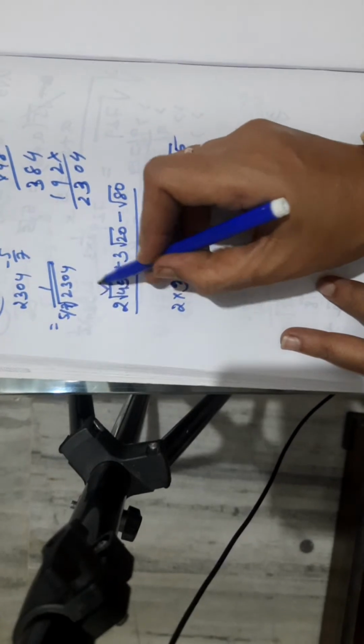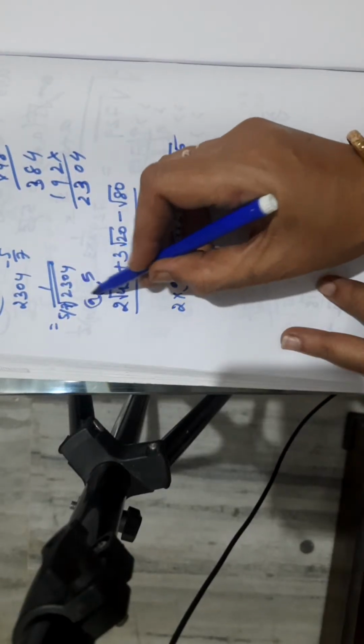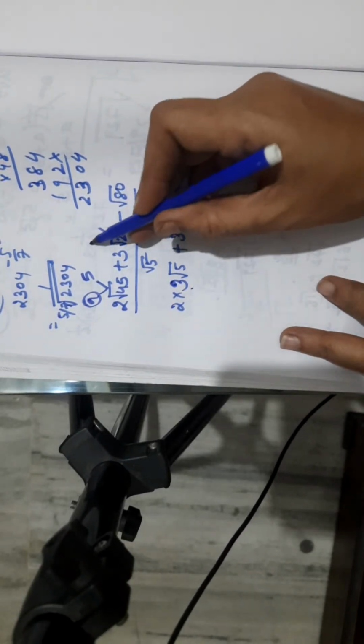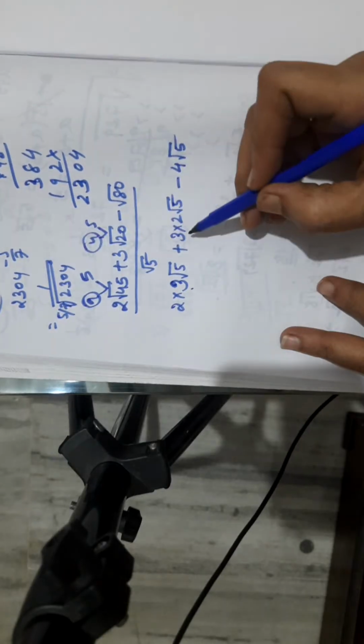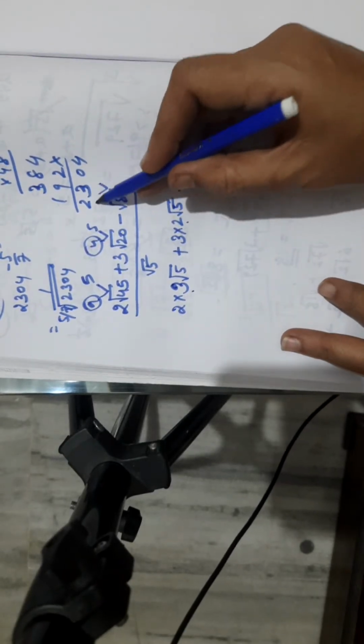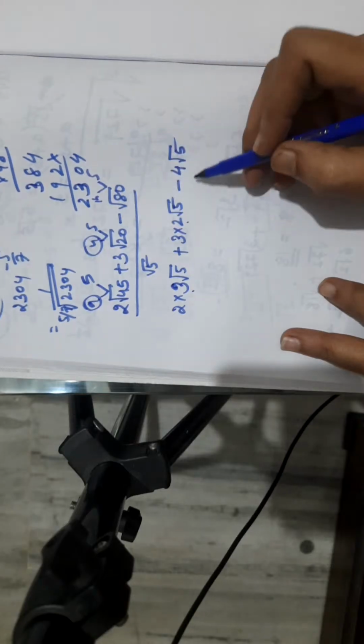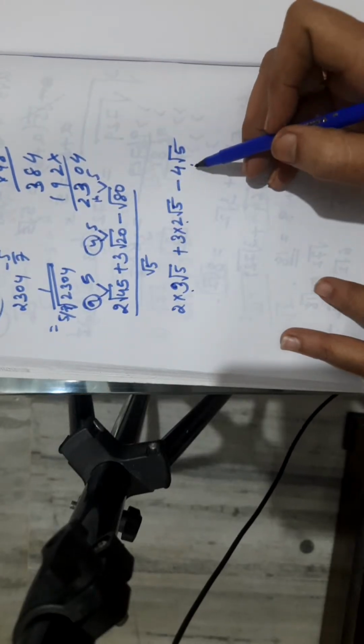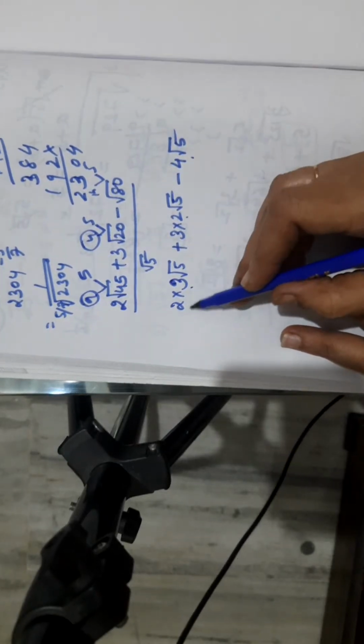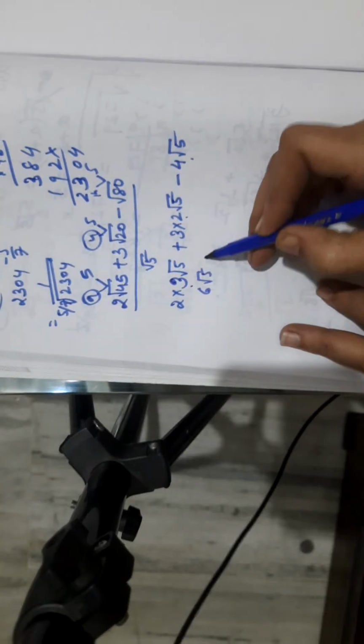Square root of 9 is 3, square root of 4 is 2, square root of 16 is 4. In that way we can bring the number out of the root. So it's 6 root 5.